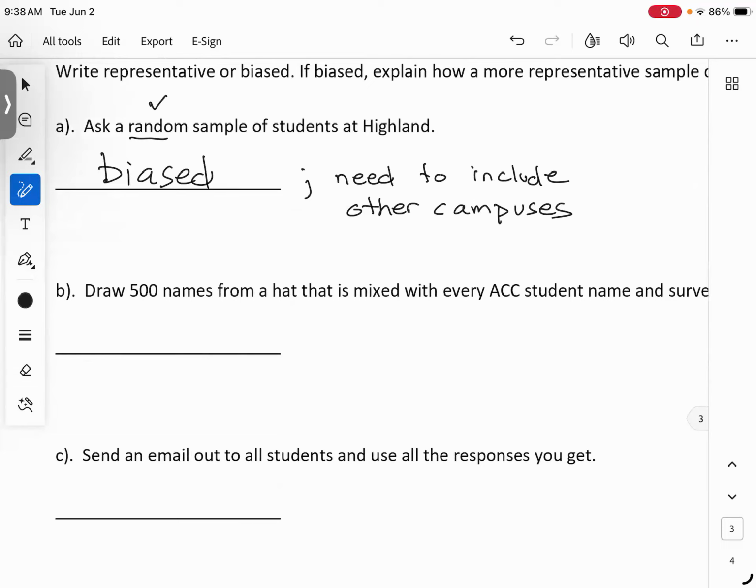B is meant to be an example where everything looks pretty good. Go ahead and read B and put a little check mark by where the randomness is, and put a little check mark by where the broad target is being included, like everyone has a chance of being selected. And again, you could put either representative or unbiased. The main thing here is that it's mixed whenever they select, that's the randomness.